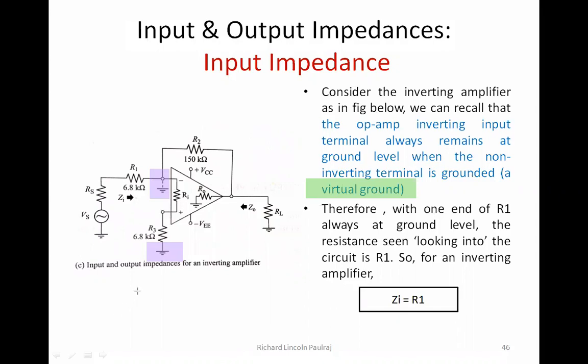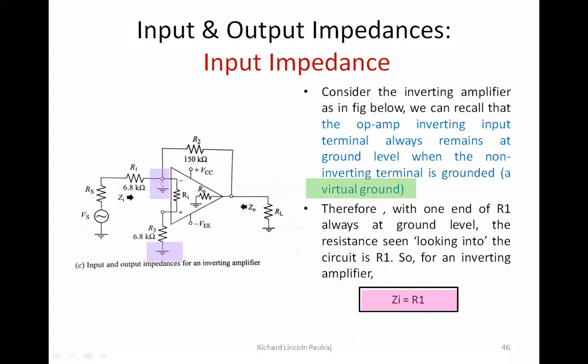Fine. Now we are looking at the inverting configuration, right? So the formula does change. This is going to be the formula for the input impedance when it's connected in inverting format. Your Zi, your input impedance, is equal to R1. Now, why is it that we are having only R1 here?